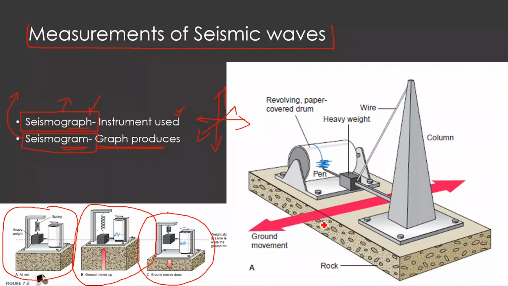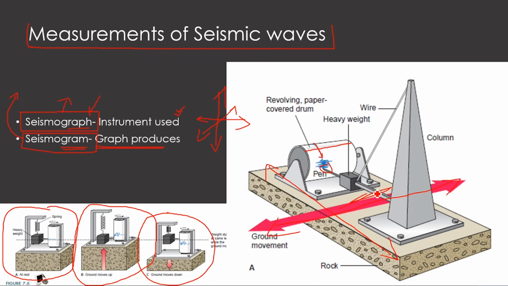So what is this? For example, if I need to identify the vibration of the ground in the X direction, then I need to align the instrument in this way. Okay, this is a simple rolling paper, and here this is a freely suspended pen. When there is no movement on the surface of the earth, the pen will make a very straight line on this paper.